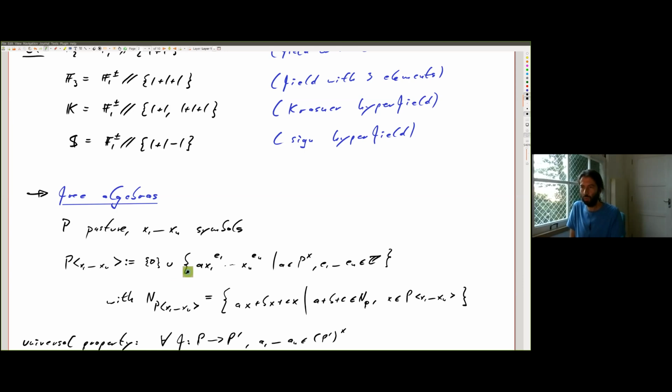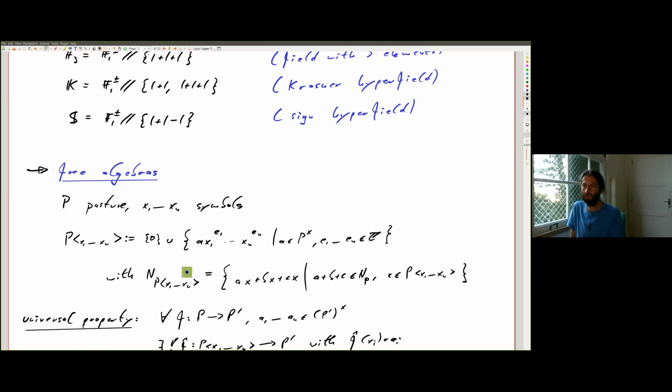Well, this has the universal property of free algebras, of something like polynomial rings, or to be more precise, the analog of Laurent polynomials.